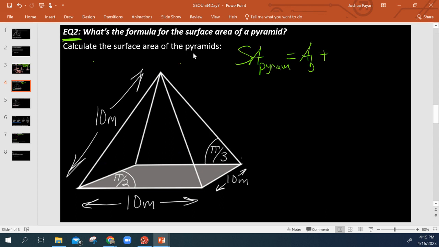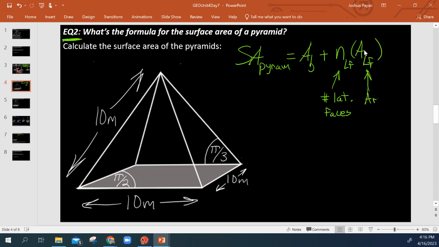So we would say plus n, the number of lateral faces, times the area of each lateral face. Let me write that better, more like a subscript.